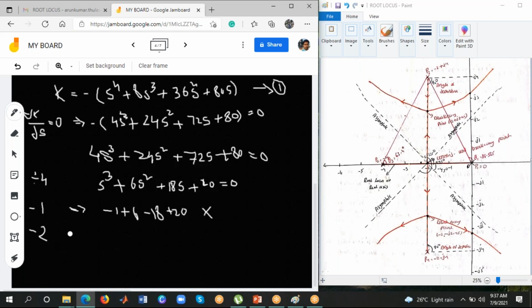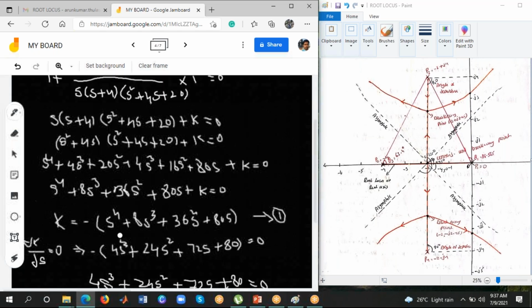Right. So -2 is a root, then we can write s plus 2. Now to find the remaining two roots, what we have to do? We have to divide s cube plus 6s square plus 18s plus 20 by s plus 2. So already you know, right?